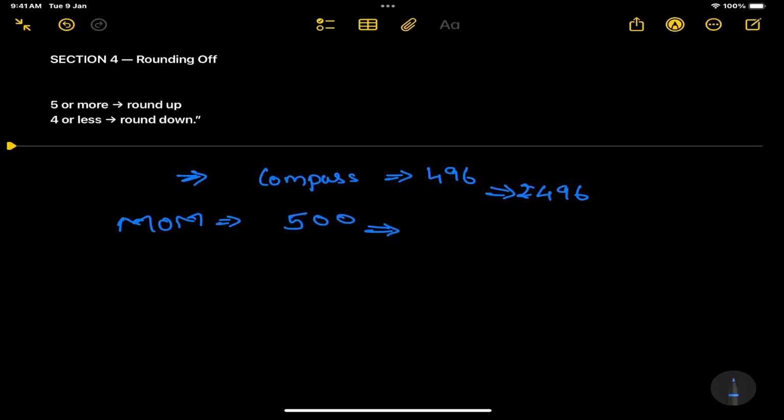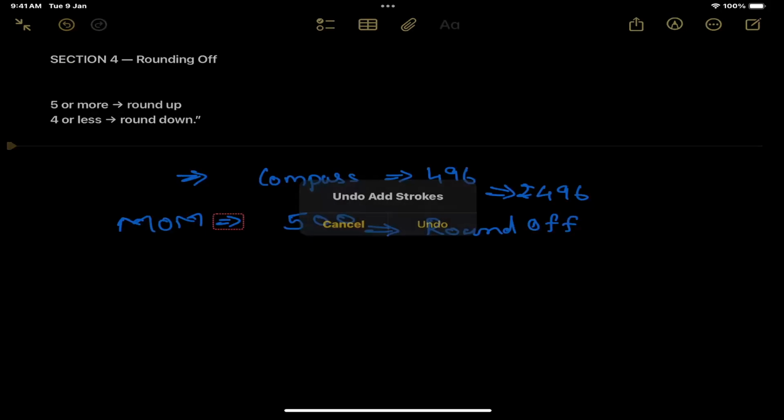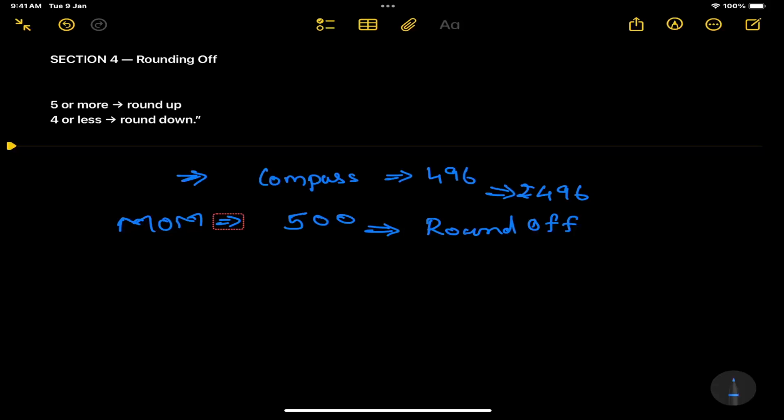And why exactly did she do this? She used the concept of rounding off. So there are rules to round off. First is whatever the number is. In our case, the number is 496, right?